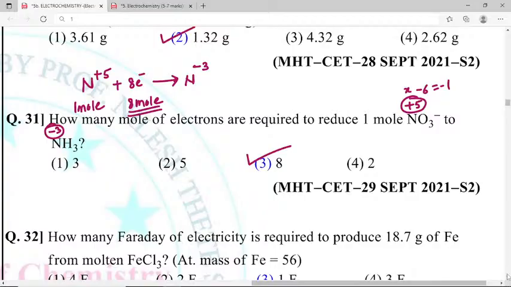Just calculate the oxidation state. By calculating the oxidation state of nitrogen, nitrogen goes from +5 to -3. So this is 8 moles of electrons. This is your answer actually. 8 moles of electrons. This is a very, very important question.